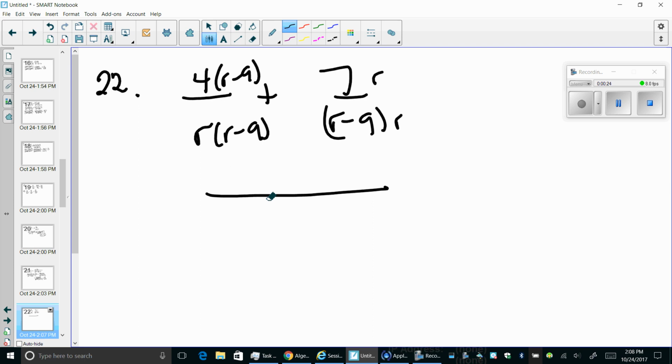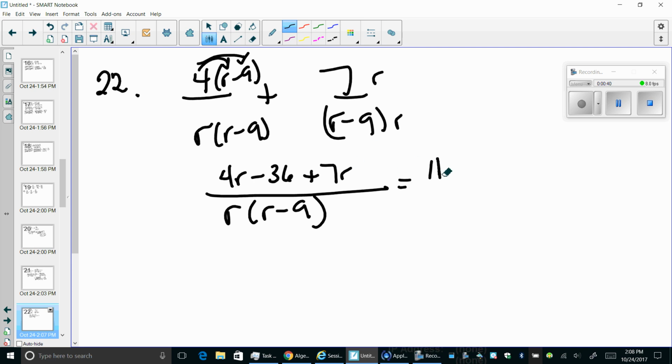The bottom is going to be r times r minus 9. And the top is 4 times r minus 9, which if I distribute is 4r minus 36, and then plus 7r. So the top is 11r minus 36, and the bottom is r times r minus 9.